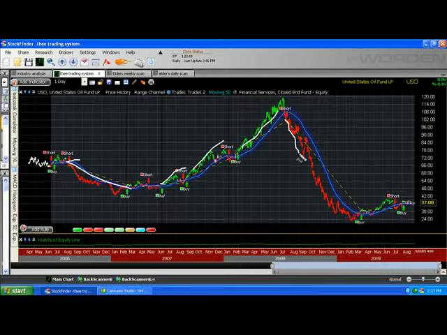On the short side, we had a monster downtrend, and while people were losing money left and right, we went short up here around $108, and we would have covered that position and been out at about $35. So the difference between $108 and $35 is our profit.